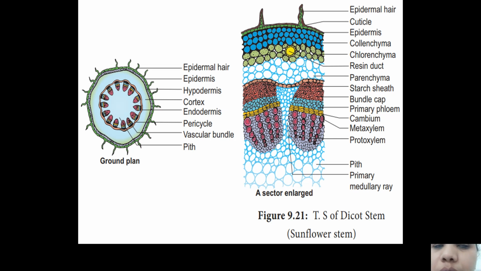Usually, these vascular bundles are endarch, open, collateral, and conjoint. The pith is present in the center. It is the innermost zone.